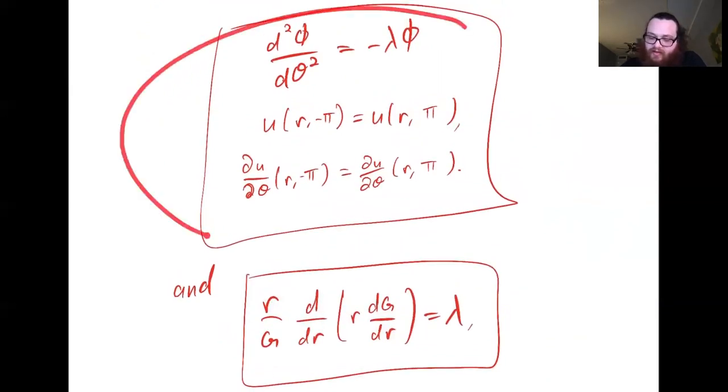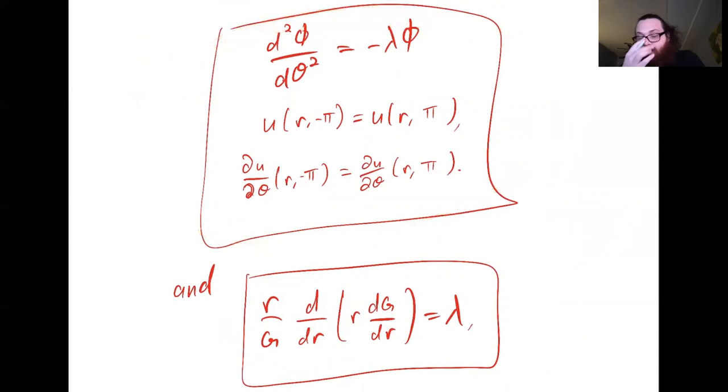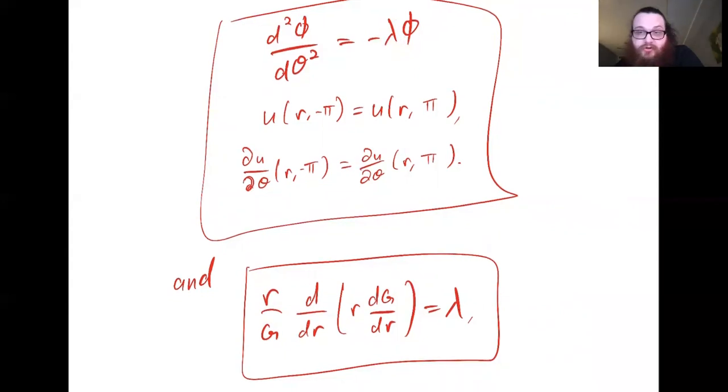So keep in mind that this ODE is an eigenvalue problem, and it gives us enough information to figure out both what phi is, as well as what lambda is. So once we've solved this for both phi and lambda, we can take that lambda and plug it in right there and then solve for G. Okay, and so that's going to be our strategy.